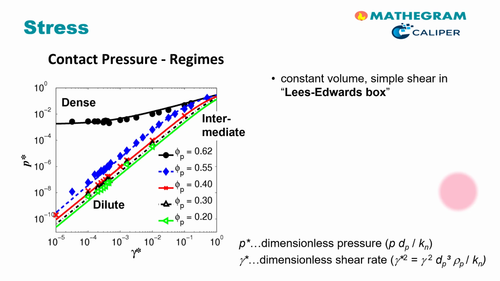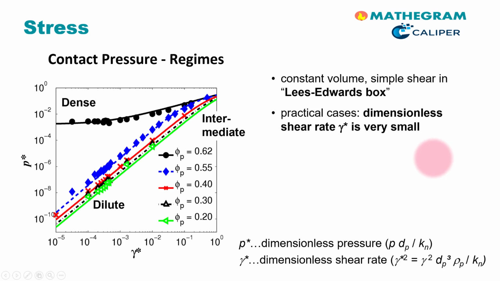To round up this excursion to the stress regimes, I would like to close with three thoughts. First, as you will see from a quantitative analysis of the dimensionless shear rates in practical applications, in most practical cases involving solid particles, the dimensionless shear rate gamma star is very small, i.e., we are either in the dilute or in the dense regime.